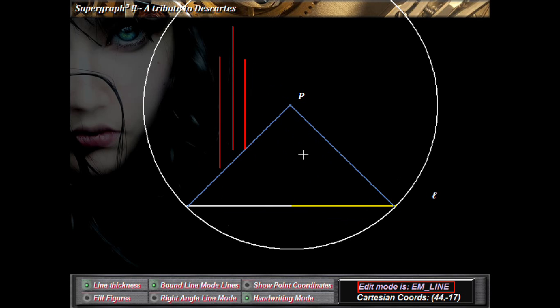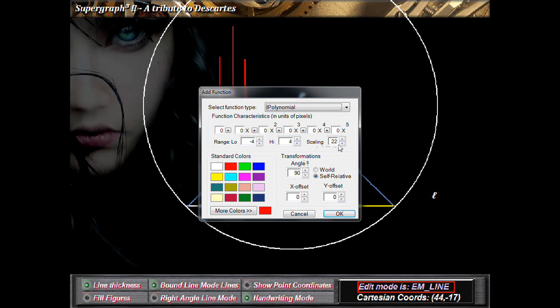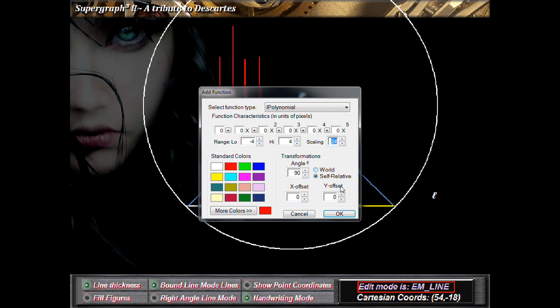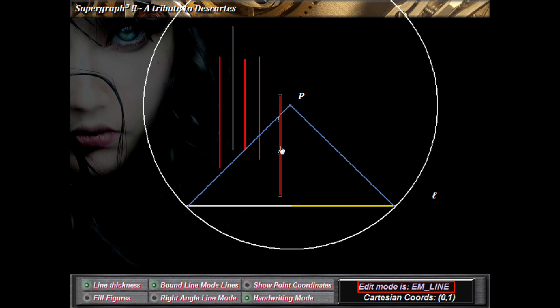Too short. How about 25 exactly? I'm always drawing equilateral or something. Almost too long. There we go.